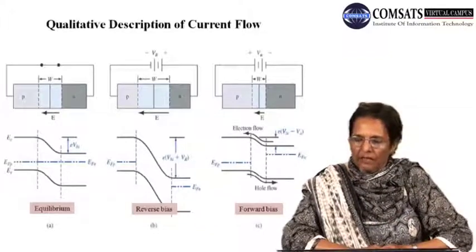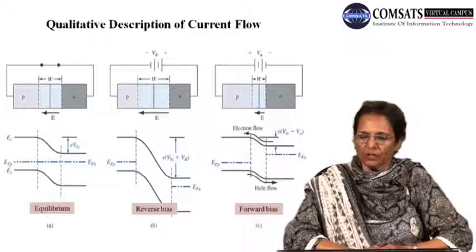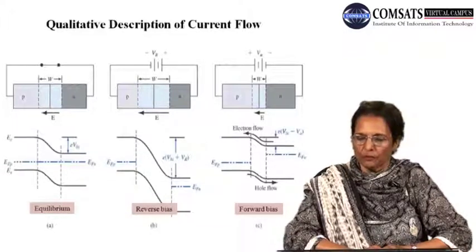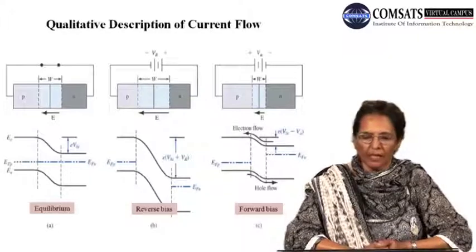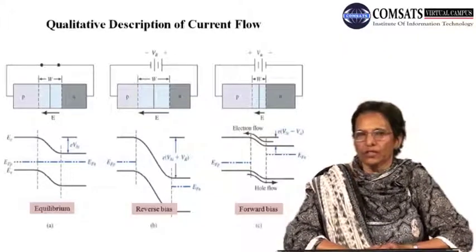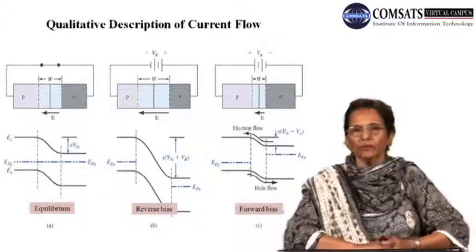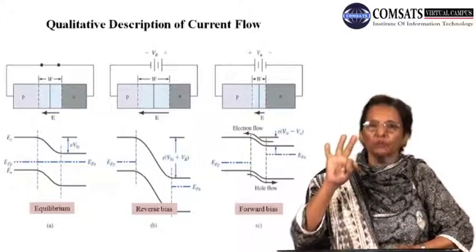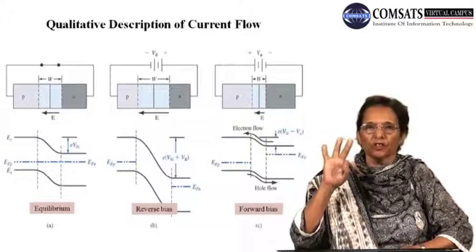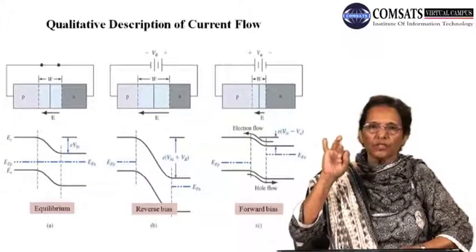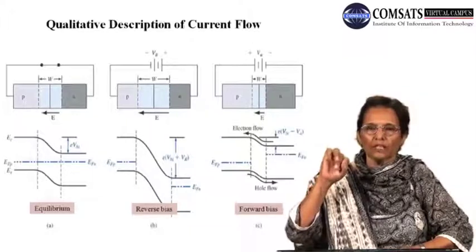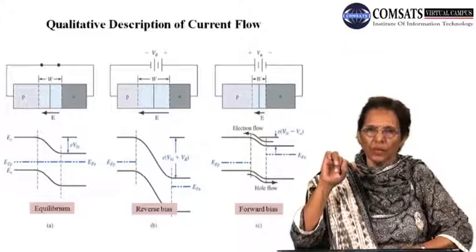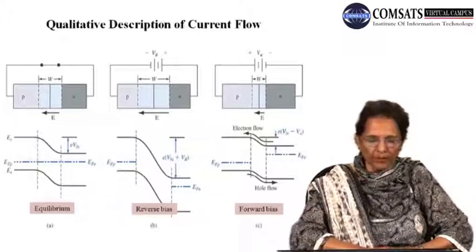And finally, on the top, you see the forward bias potential, in which a positive polarity is connected to the p-type. You can compare all the three top diagrams, how these three parameters, namely the amount of built-in potential across the junction, the depletion region width, and the electric field intensity within the depletion region vary according to the applied bias.